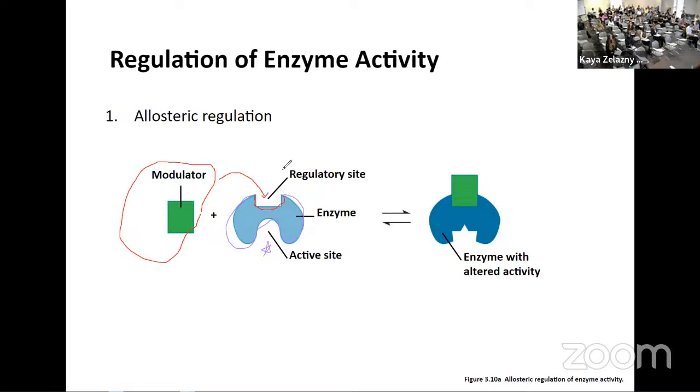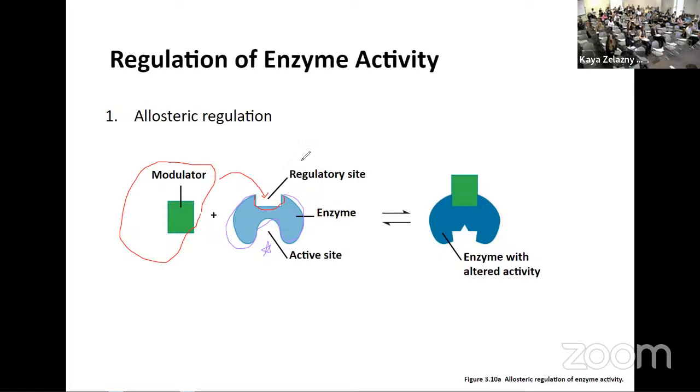Okay. So if you have some type of regulatory molecule, some other molecule that's going to get up to the enzyme and touch it from behind, it is also going to have some type of chemical property. In this scenario, that chemical property of the modulator interacts with the chemical property of the enzyme at the regulatory site and causes a domino effect where the whole enzyme changes shape a little bit.